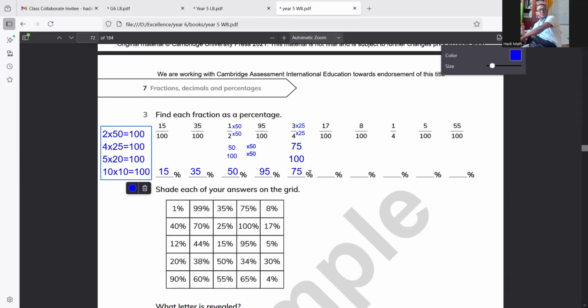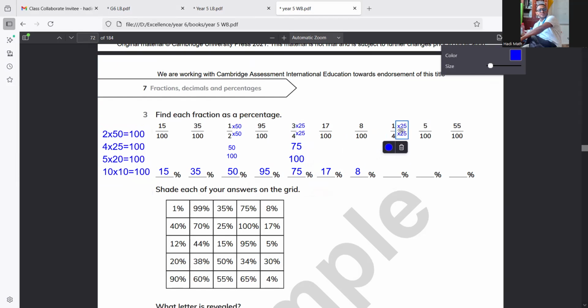So look at the one after here, this is already 17 over 100, already a percentage. You write immediately 17%. The one after is 8 over 100, so you write 8%. The one after, you need to multiply up and down by what? By 25, the same as you did for the one before.